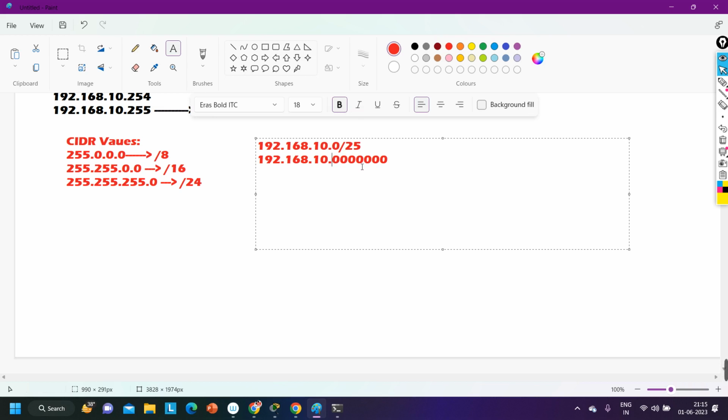Or there is one formula. There is a formula to find the number of networks.